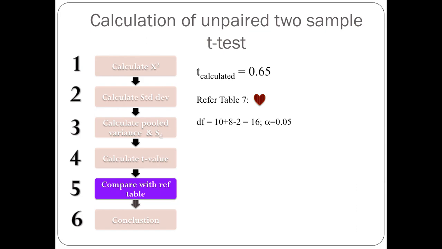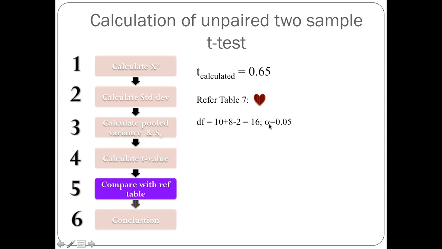The fifth step, compare the number with your reference table. So now your calculated t-value is 0.65. Refer to table 7. So what are the numbers to refer to? What is the degree of freedom? The degree of freedom is the sum of the sample sizes minus 2, so that is equal to 16.